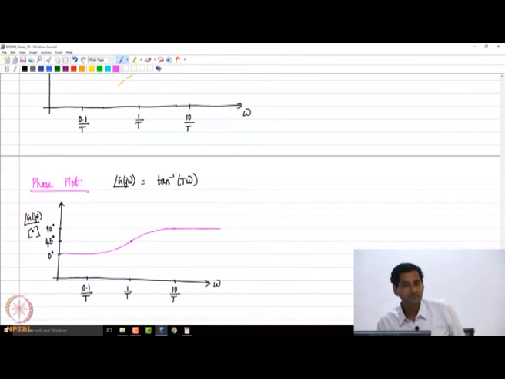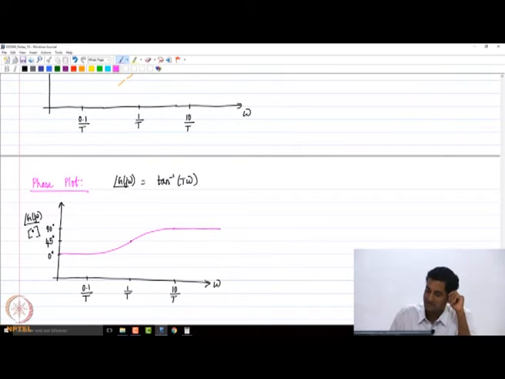So that is what will happen to the phase of this factor Ts plus 1. So it is just the reflection once again about the 0 degrees line, the horizontal line passing through 0 degree.